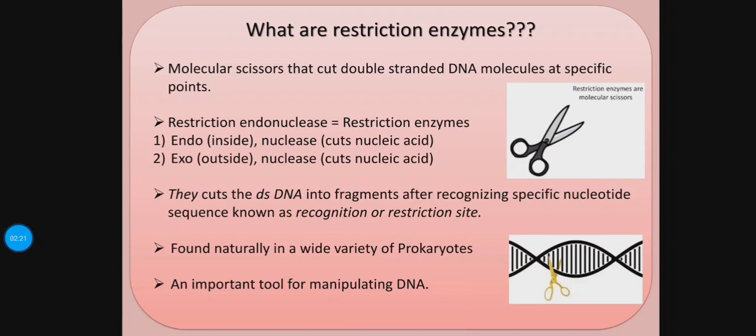And this restriction enzyme is widely and naturally present in all kinds of prokaryotes, especially in bacteria. Because this restriction enzyme is used to cut the DNA sequence, it's an important tool for manipulating DNA in genetic engineering. That's why this restriction enzyme is called a molecular scissor in genetic engineering.